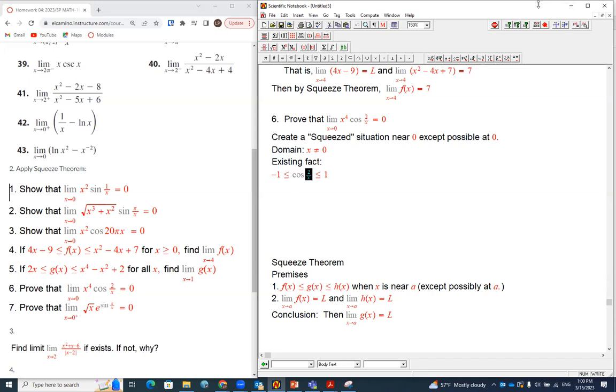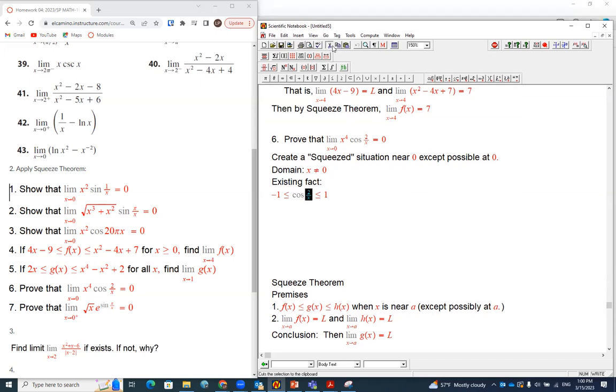We don't care. And therefore, if this is true for anything, cosine of anything is between -1 and 1. Certainly, when that anything is 2 over x, it is also between -1 and 1.